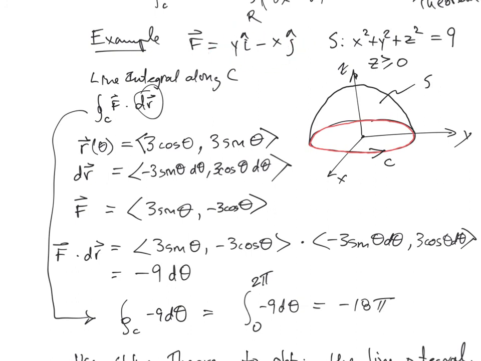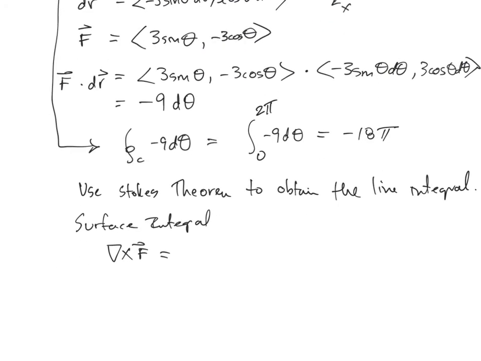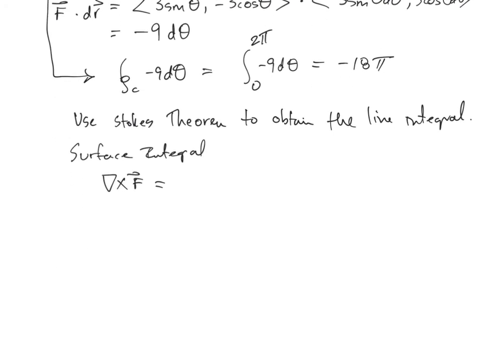So you do that 3 by 3 determinant, i j k, partial derivative of x, partial derivative of y, partial derivative of z, and then f, which would just be y, minus x, 0. Because of that 0, it gets pretty easy to do. Okay, we won't go through the gory details. Practice it yourself. You'll find it's simply equal to minus 2 k hat. Okay, so that's what it turns out to be.